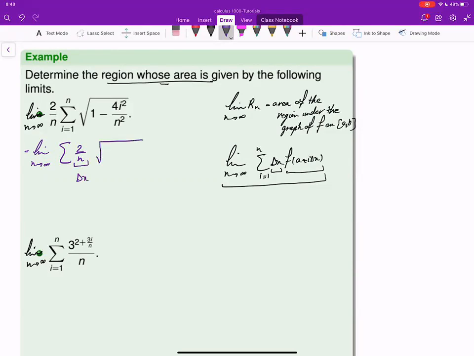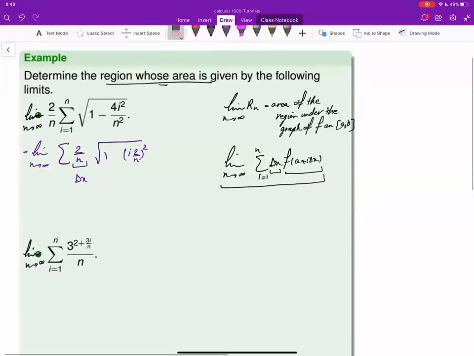And then the rest is the sum for i, of the square root of 1 minus (i times 2 over n) to the power 2. And this is supposed to be f of a plus i delta x.